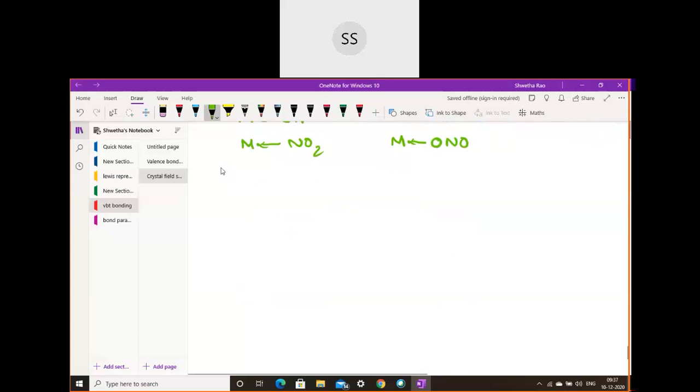This is the notation which we use, and it indicates that now oxygen is donating. Both are nitro groups. But if it is donating from the nitrogen, we write it as nitrito-N, and here we write it as nitrito-O. So that's the difference. When you label them, be careful. So ambidentate ligands are the ones which can have more than one donor site, but at a time they will donate only from one site.